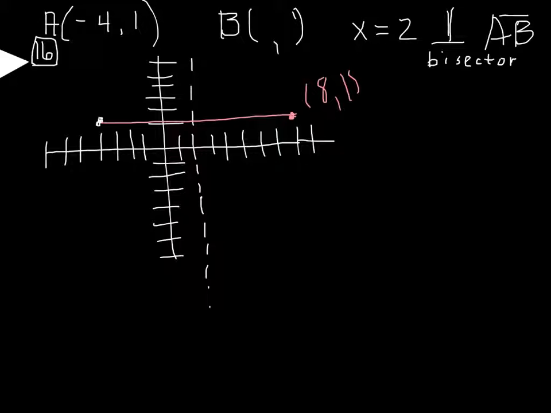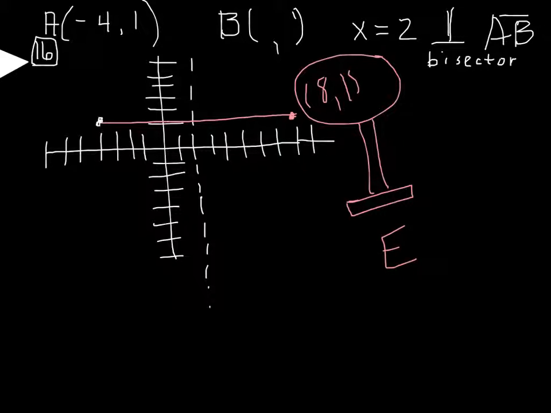And then the ordered pair is (8, 1). So now I'm going to look and see, do I see that on my list? And I do, and it is letter E. Now, that's one way to do it.